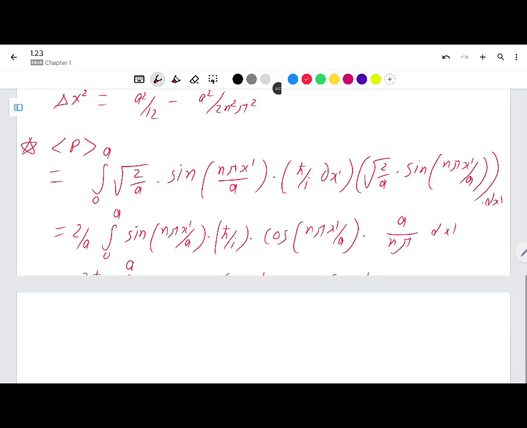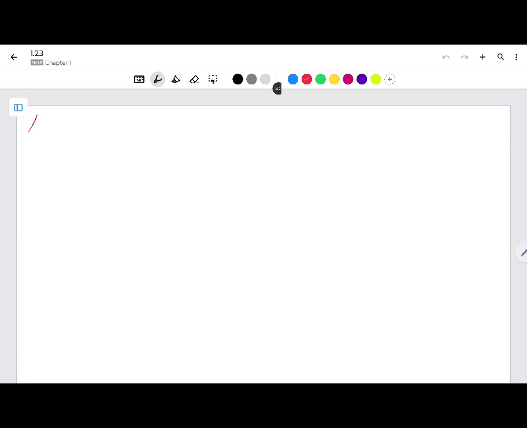Okay. Then our interest will be p squared. We can first try to calculate this part in advance.